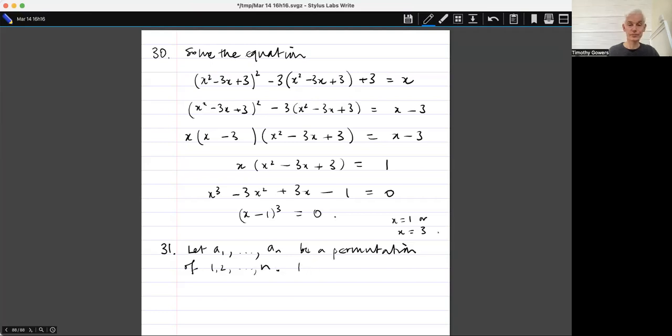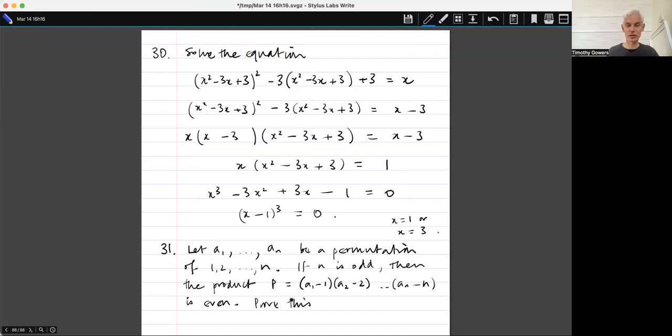If n is odd, then the product P equals A1 minus 1, A2 minus 2, up to AN minus n is even. I think I've seen immediately how to prove this.